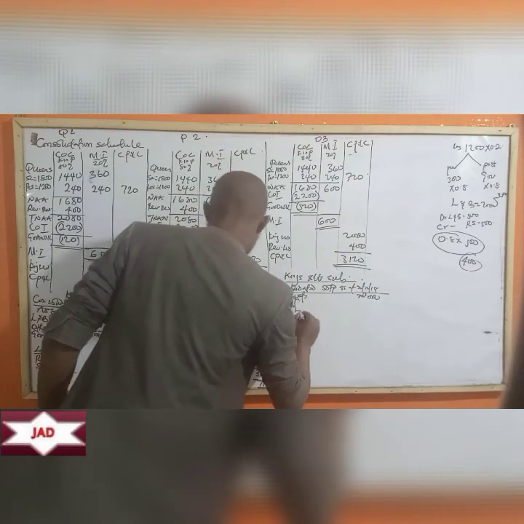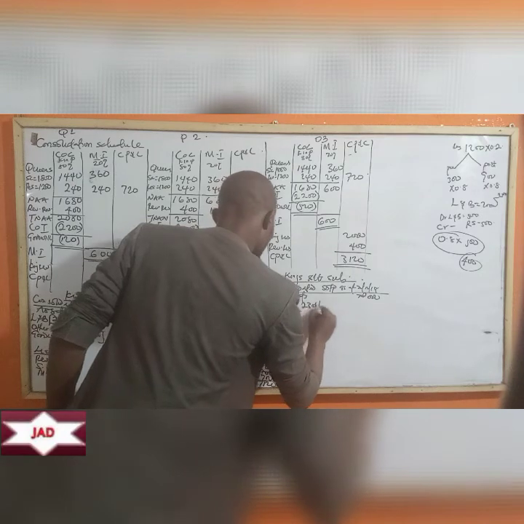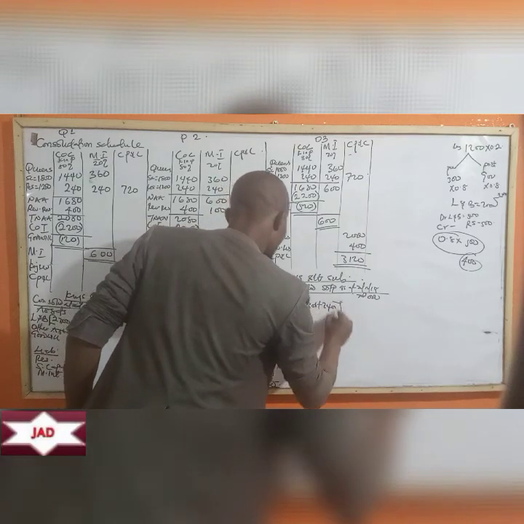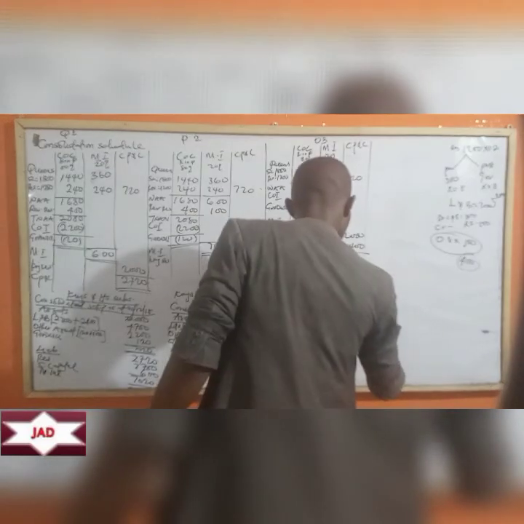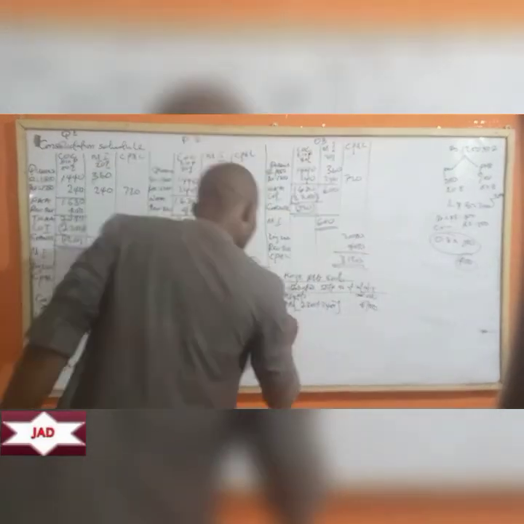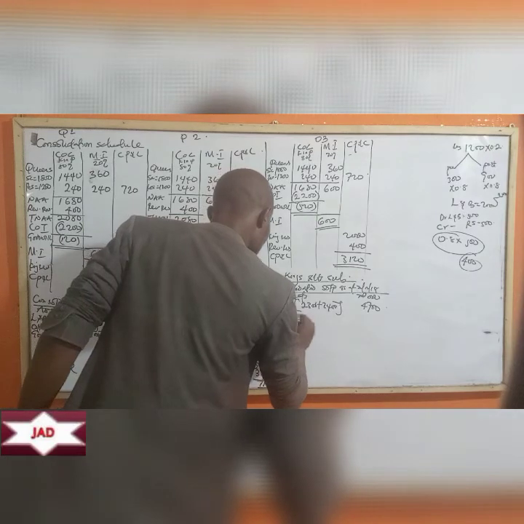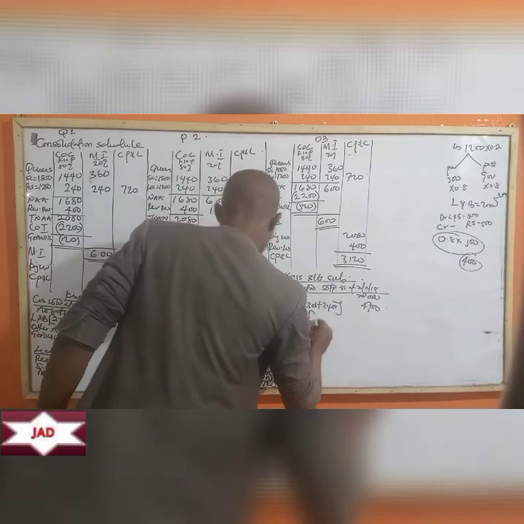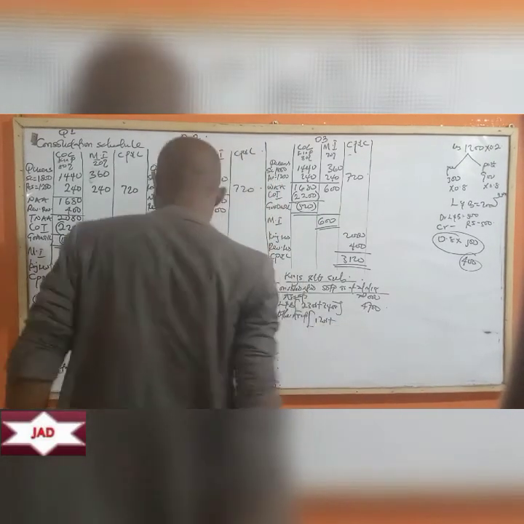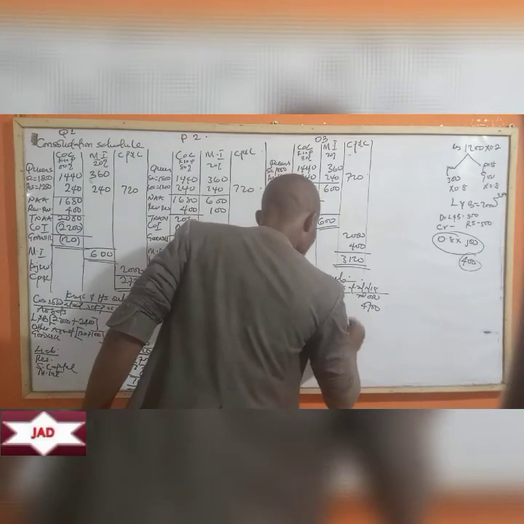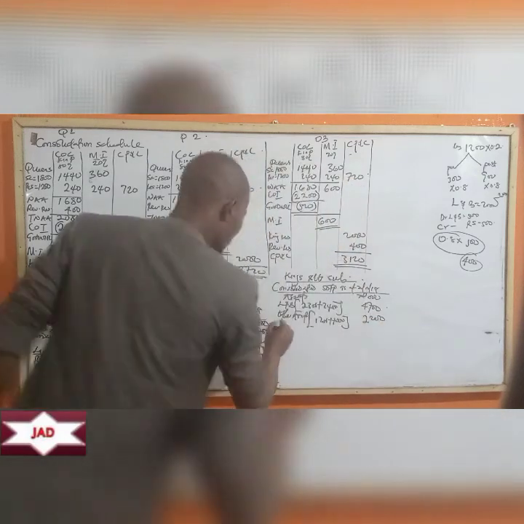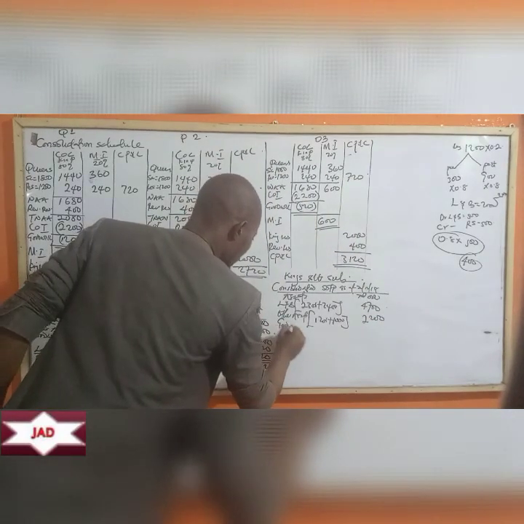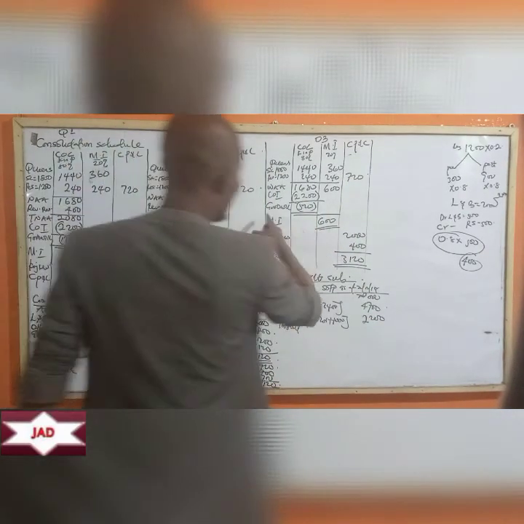That will be what? 2,300 plus 2,400. Remember, we're taking only the share. That's 4,700. Other assets. That will be 1,200 plus 1,000. That will be 2,200.